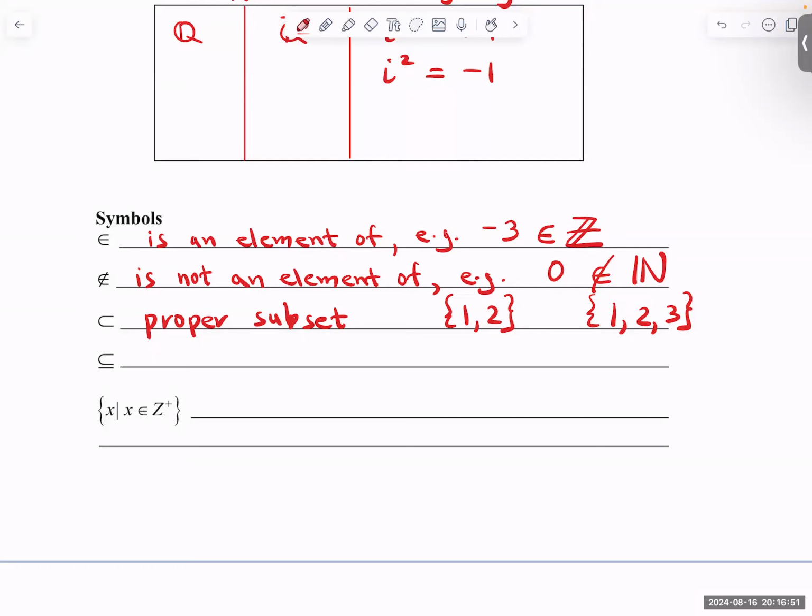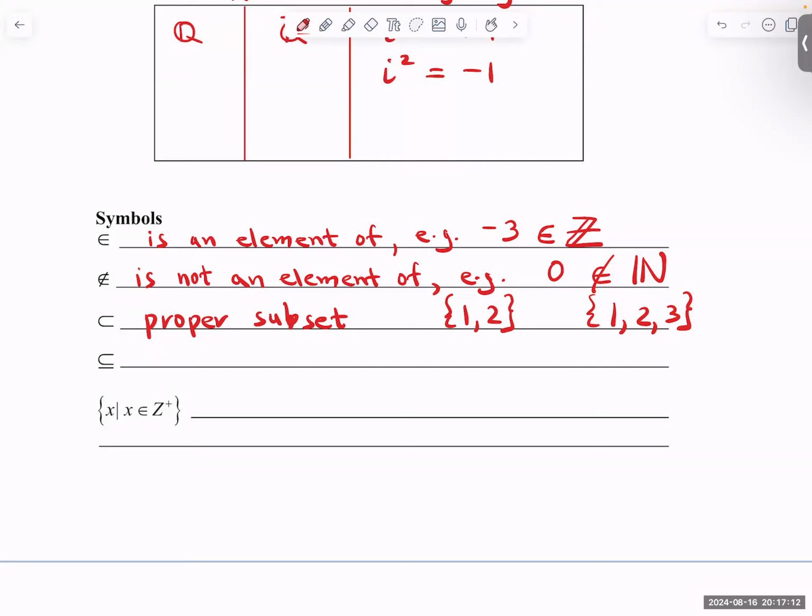And there is the element 3 in the second set that's not in the first set. So there is no element in the first set that you cannot find in the second set.